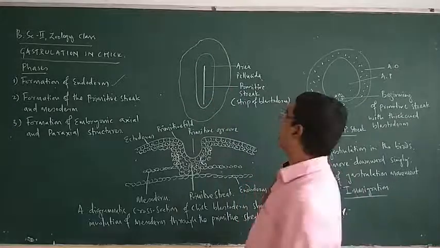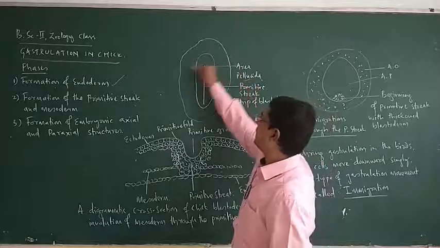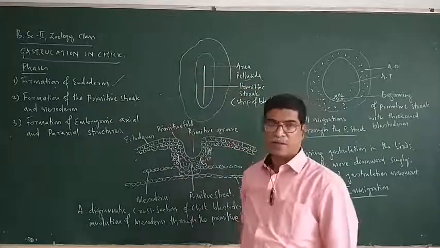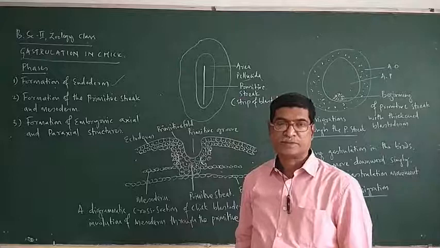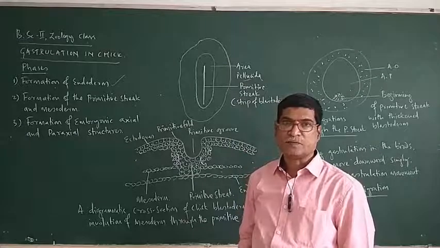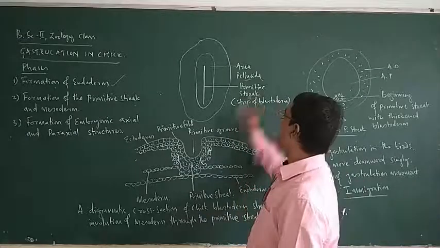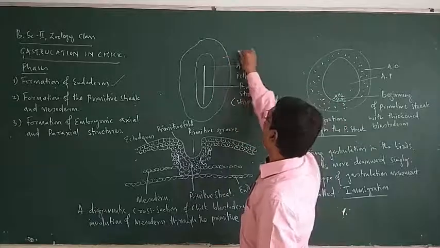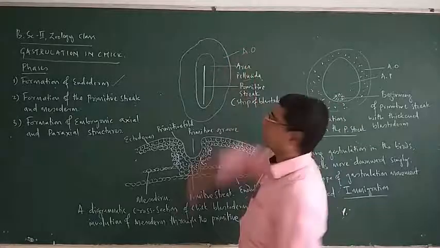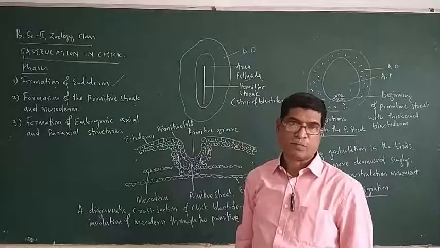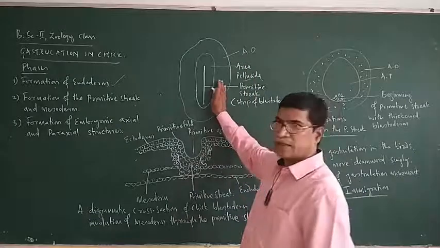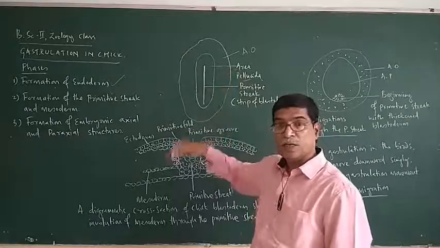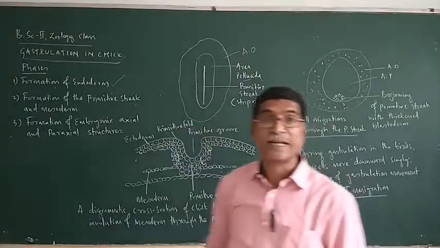This is known as area pellucida, and the peripheral, somewhat opaque region is known as area opaca, because the epiblast at this region is connected to the underlying yolk.